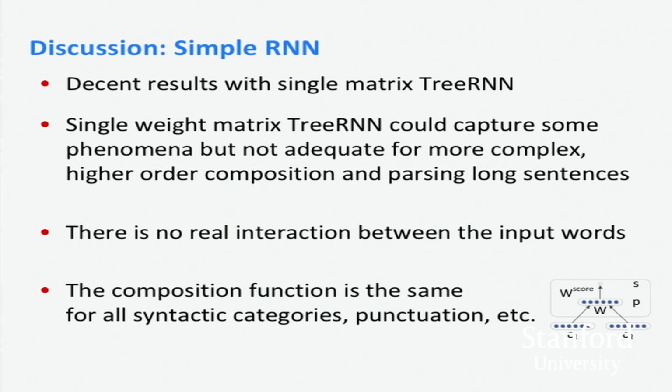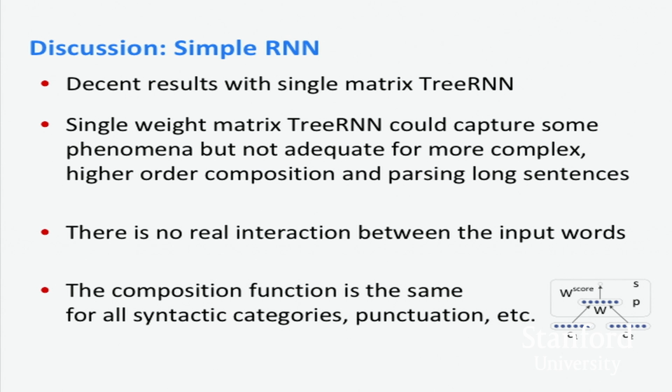It seemed like it wasn't really fully adequate for doing all the things that you wanted to do for understanding sentences and semantic composition. And there are a couple of ways in which that was true, it appeared.